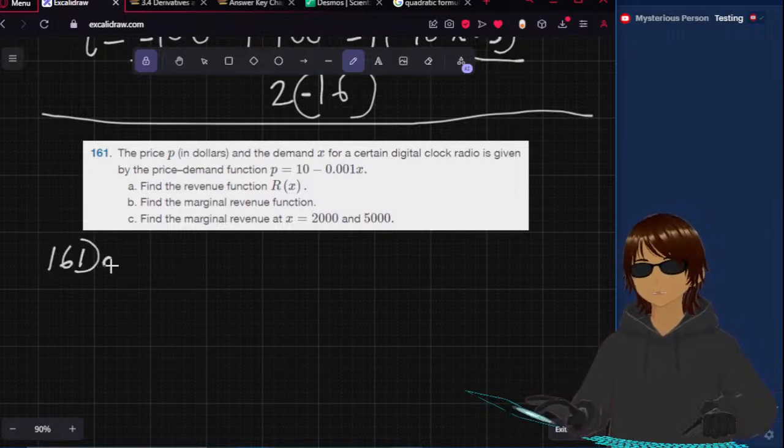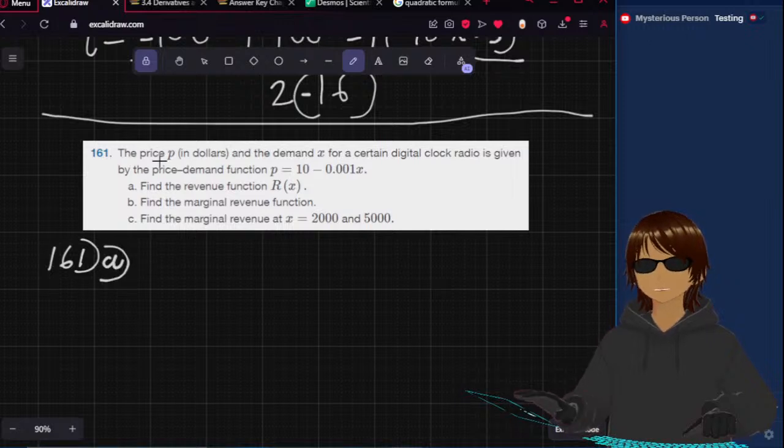Problem 161. A. Find the price paid in dollars and the demand x for a certain digital clock is given by the function p is 10 minus 0.001x.